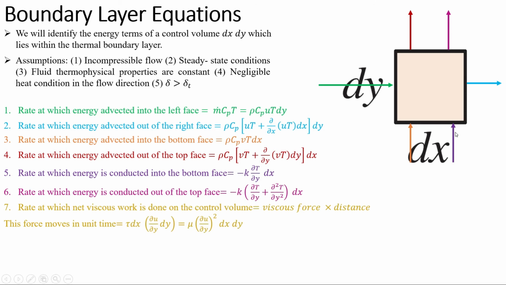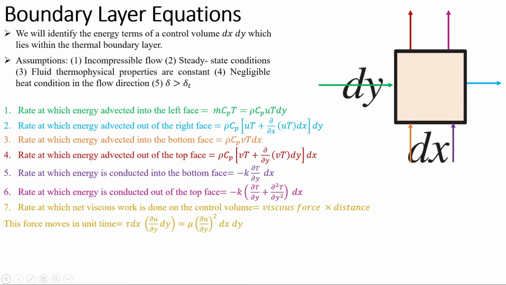This purple arrow shows the rate of conduction into the bottom phase, and it will be minus k ∂T/∂y times dx, and the rate at which energy goes out of the top phase will be minus k (∂T/∂y plus ∂²T/∂y² dy) times dx, because the area perpendicular to this energy flow is dx into 1, or simply dx.